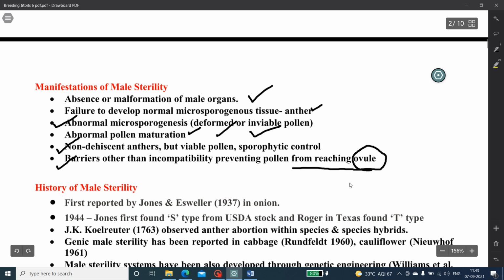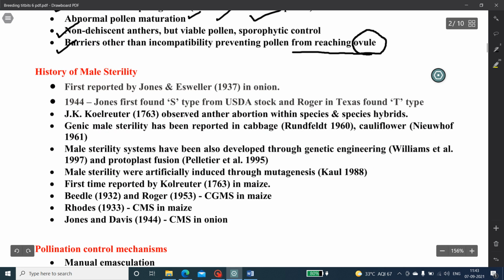The pollen has to reach the stigma, and again it moves as a pollen tube to the ovule. If you look at the history of male sterility, the first report was given by Jones and Eschweller in onion.